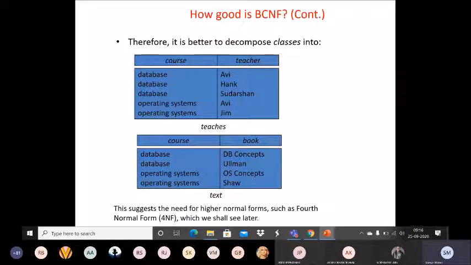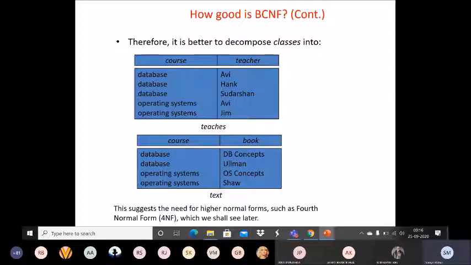We are facing multi-valued dependency. Multi-valued dependency means here, if you check database, it is giving you 3-4 data. If you check here also, database is giving me DB Concept and Ullman, 2 values. That means it is multi-valued dependency.